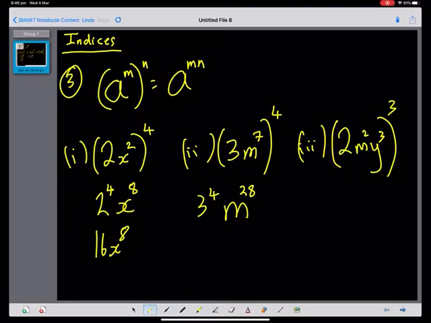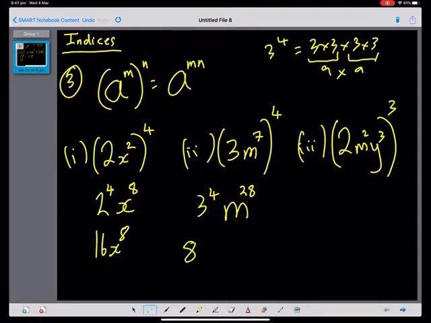We work out 3 to the 4 just by doing 3 times 3 times 3 times 3. Well, that gives 9. That gives 9. 9 times 9 is 81. M to the 28.